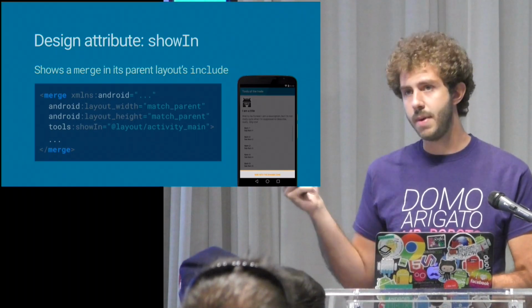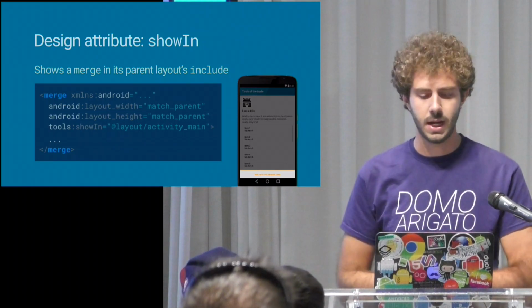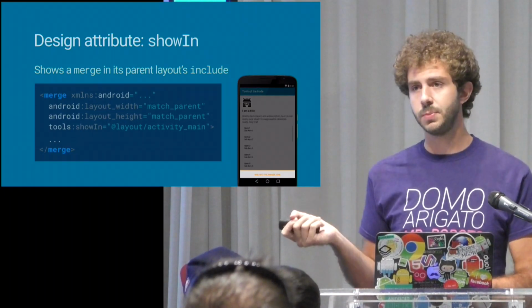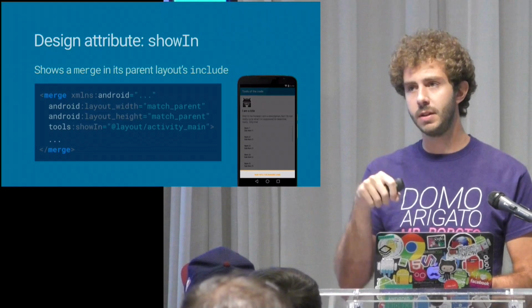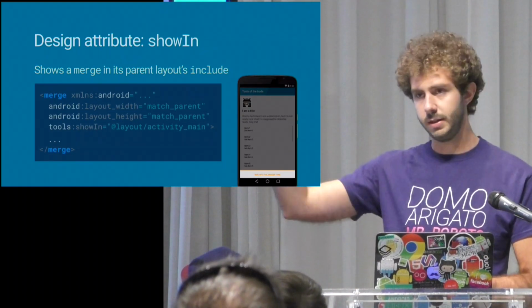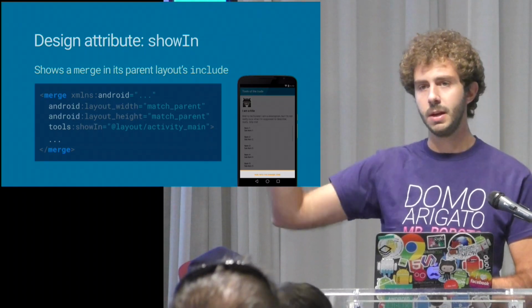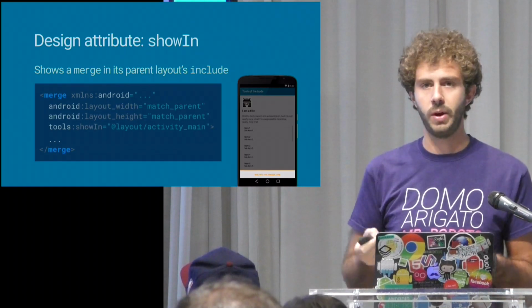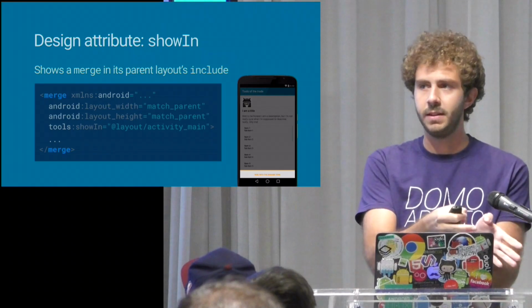And it's still usually better than what you get anyway. Another caveat with this one is that you have to have an include tag that references that layout in the layout you specify in the attribute, because otherwise Android Studio doesn't know where the layout should be inflated in.